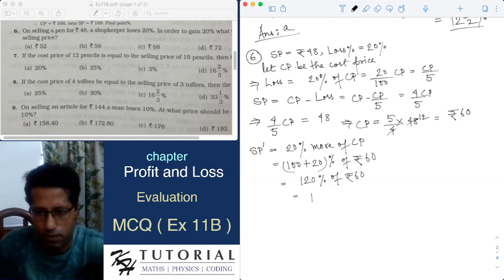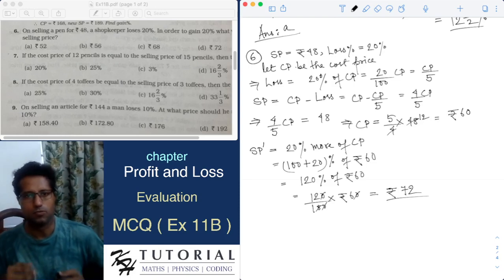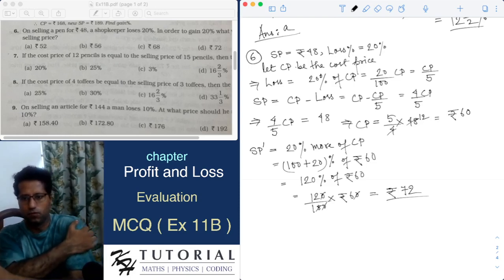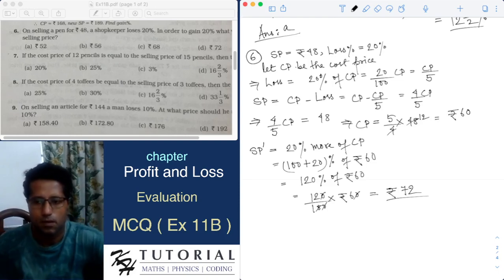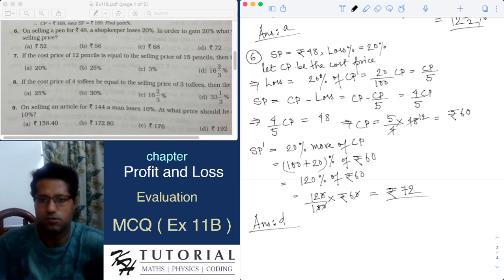This equals 120 divided by 100 multiplied by rupees 60. Zeros cancel, so this is rupees 72. To gain 20%, the pen has to be sold for rupees 72. So the answer is choice D.